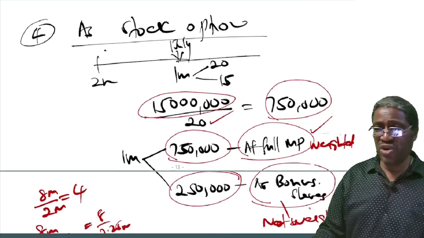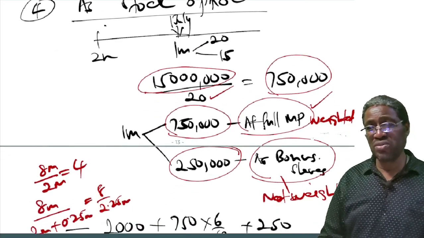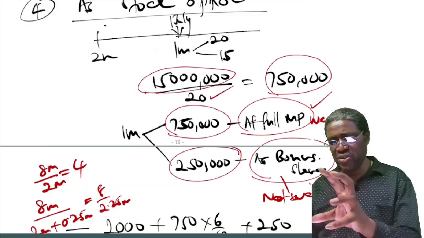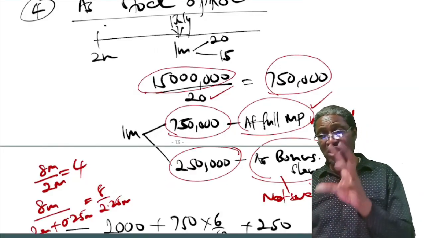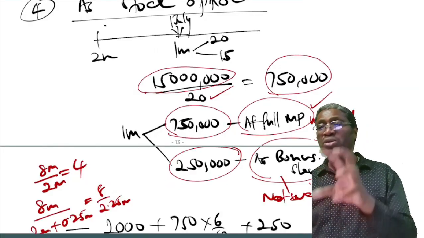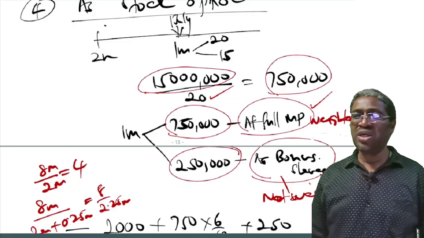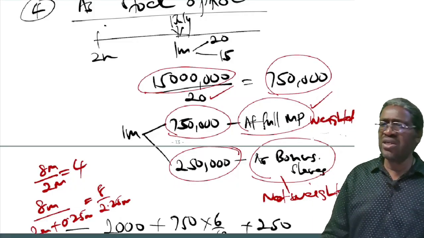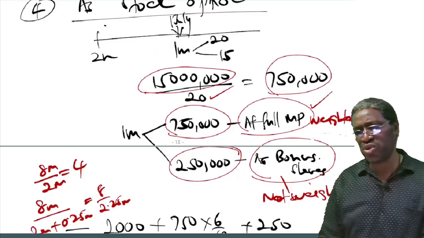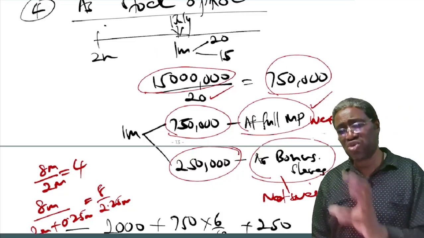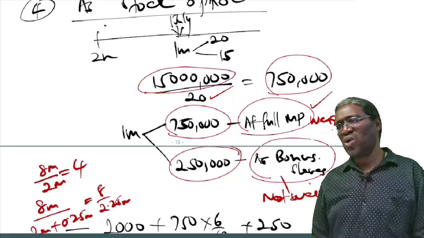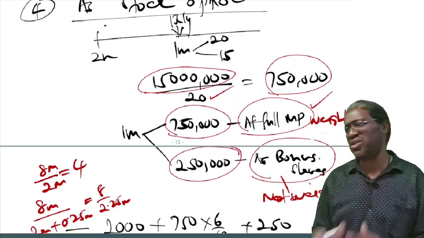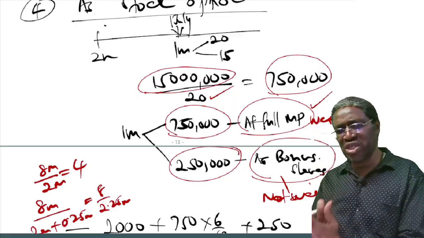Now, if you're okay, we can move on. Stock option has too many points, and it's very common in your exams, where you find shares were issued as a result of a stock option, because there are too many things to remember. One, how to separate the number of shares deemed to be issued at full market price from those issued as bonus.